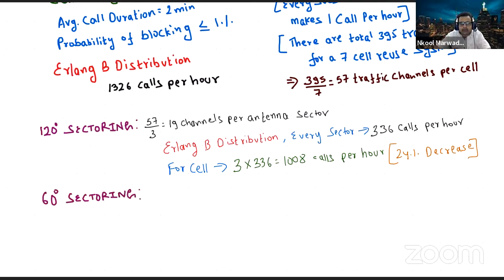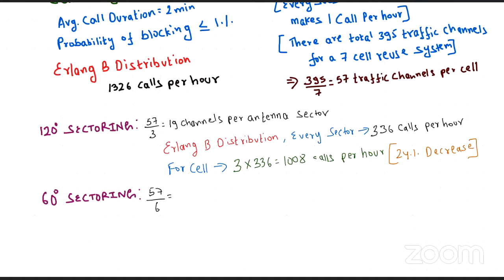We divide 57 by 6. Then what will we get? Around 10.